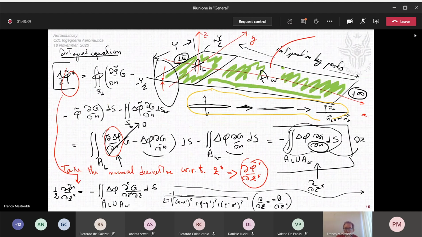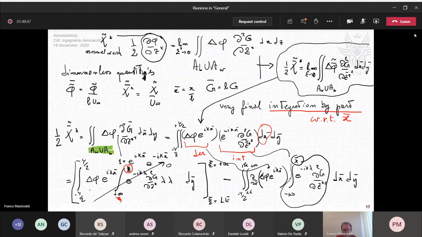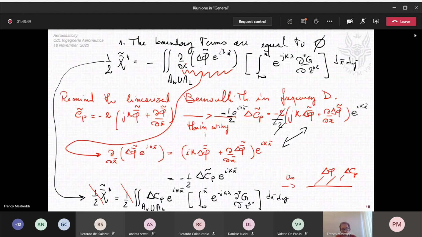Here, delta Cp is identically equal to 0. And therefore, this is the answer to the question you have in the break. I have considered the wake, but the wake is not influent in this formulation. We can cancel this part of the integral. So we have only an integral on the body.